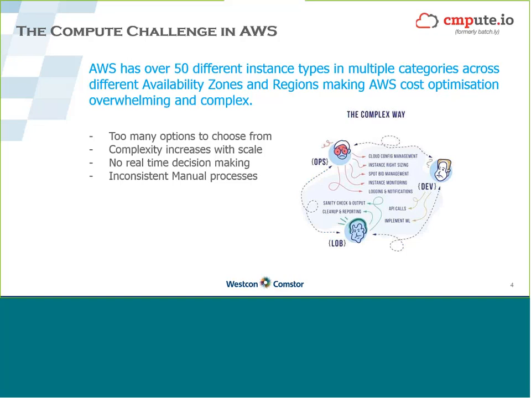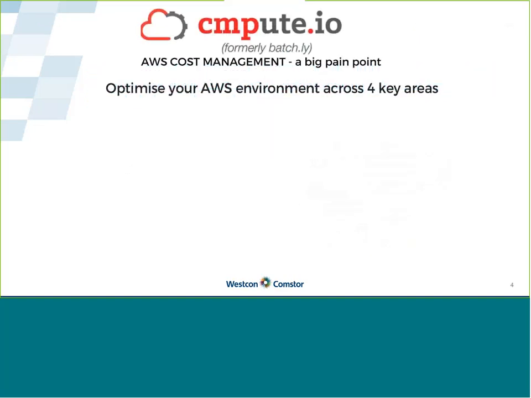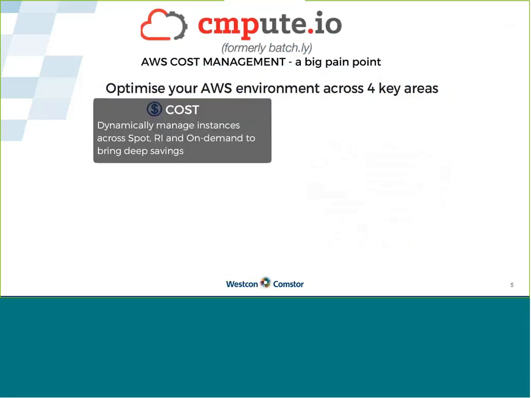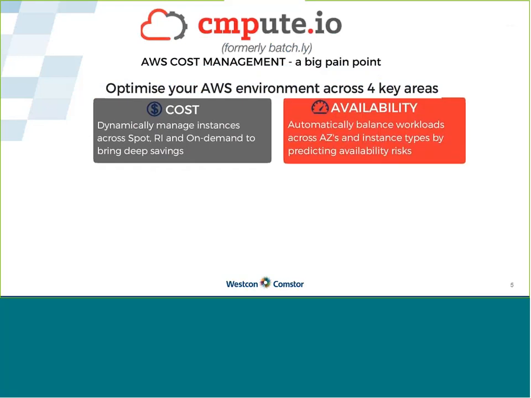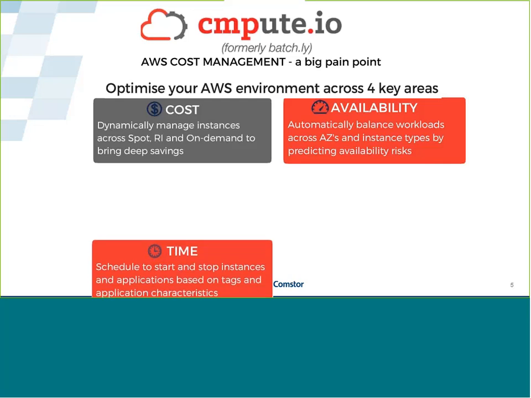So, Cmpute IO optimizes the AWS environment in 4 key areas. So cost is a major one. What they do with on-demand, spot, and reserved instances, they use this system for cost savings. Availability, they also balance workloads across different availability zones and instance types. So it's all about availability as well.